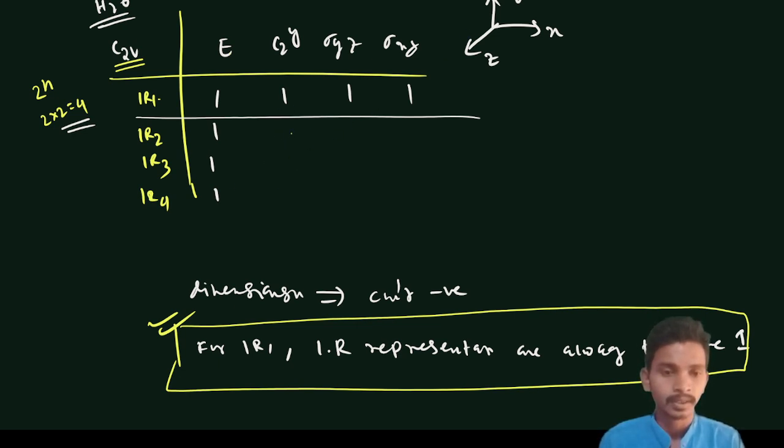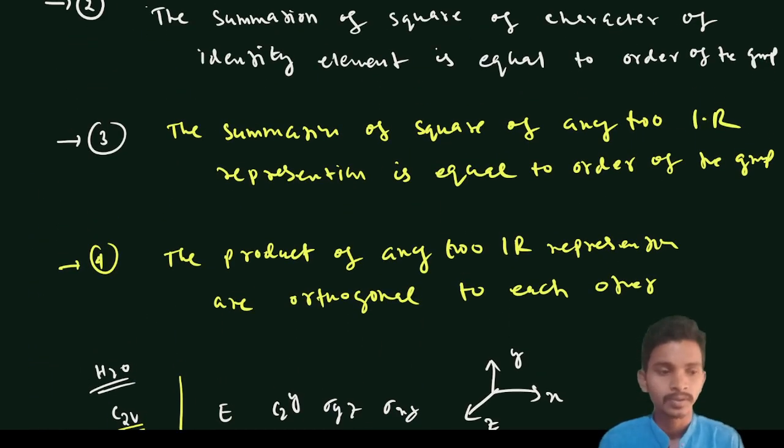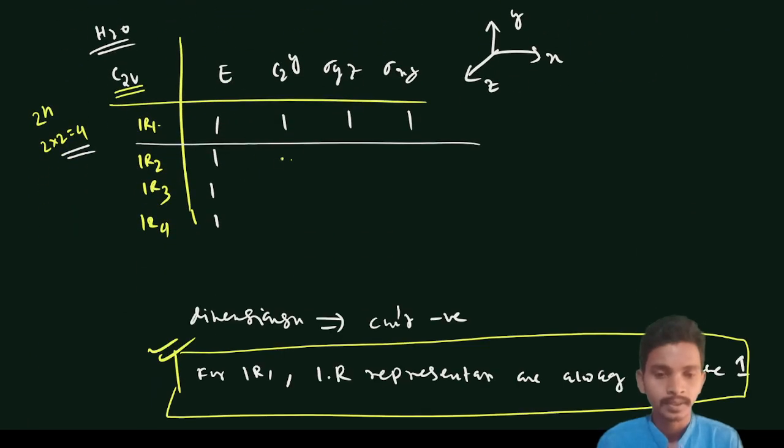After that, for the remaining ones, we will follow these two rules, the summations of squares. So here let's say this is A1, E1, A2, B2 and C2, A3, B3 and C3.